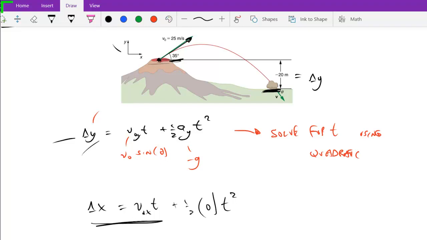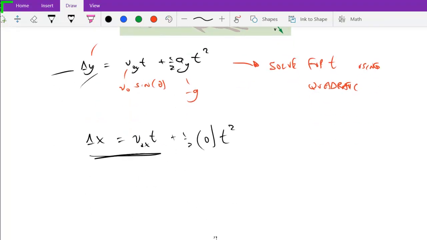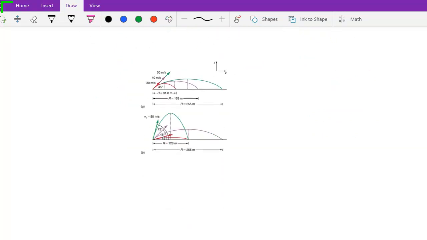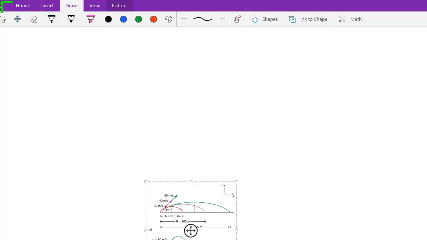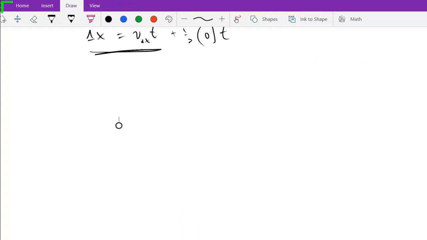But let's say that we have a different scenario. Let's say that we have a delta y which is equal to 0. So let's say that we have a projectile which is launched.